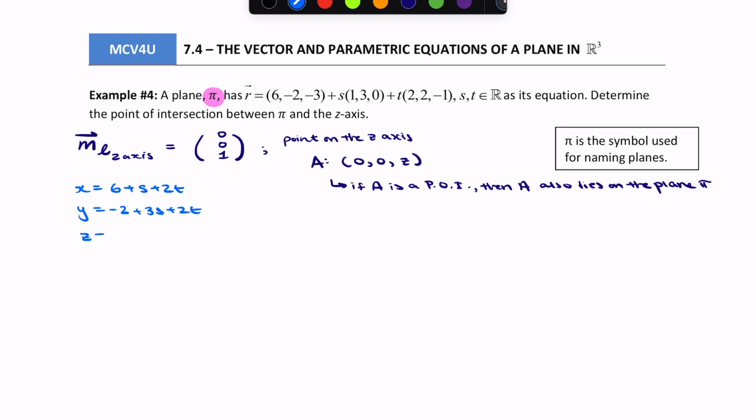And then z is equal to -3 plus 0s minus t. And here, again, since x is equal to 0 and y is equal to 0, we'll use these values to solve for s and t.